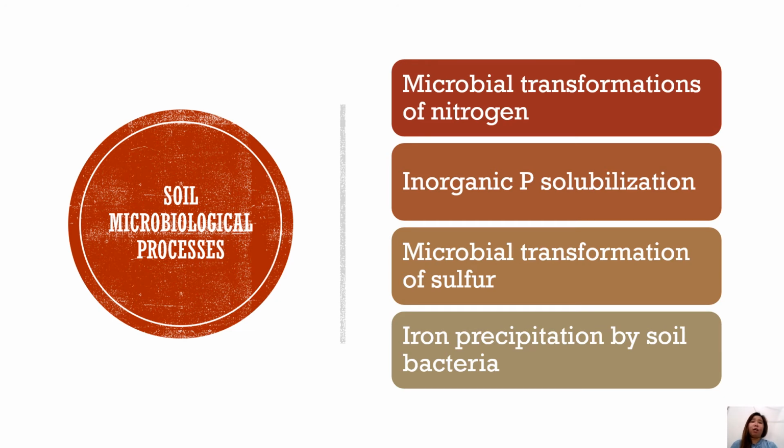We will not discuss all of the microbiological processes happening in the soil, but these four are the most commonly discussed or common ones in terms of soil science. So you have the microbial transformations of nitrogen, the inorganic P-solubilization, microbial transformation of sulfur, and iron precipitation by soil bacteria. So let's discuss these one by one.